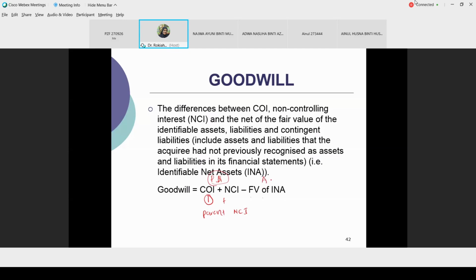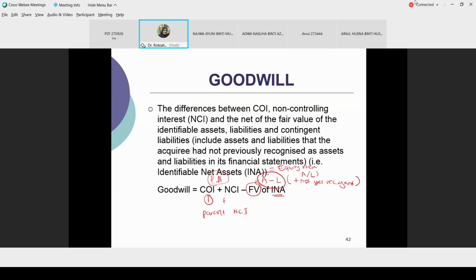Net identifiable assets here are assets minus liabilities, including any assets or liabilities which are not yet recognized. So you need to find the net identifiable assets and use the fair value. Fair value means that these assets and liabilities should be measured at fair value. So net identifiable assets, in other words assets minus liabilities, equal the equity items.